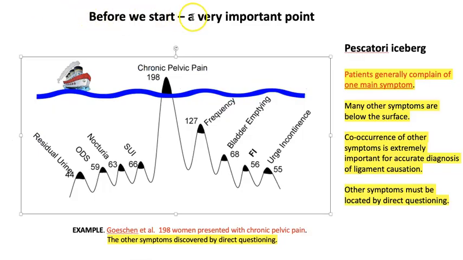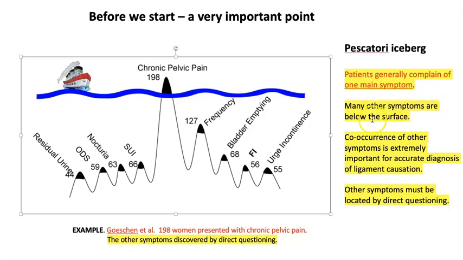Before we start, a very important point. I want to tell you about the Pescatori Iceberg. Professor Pescatori, a famous colorectal surgeon, discovered that patients generally complain of one main symptom.